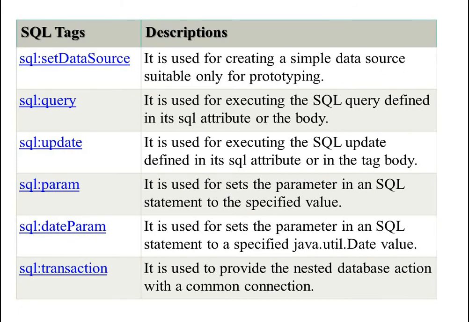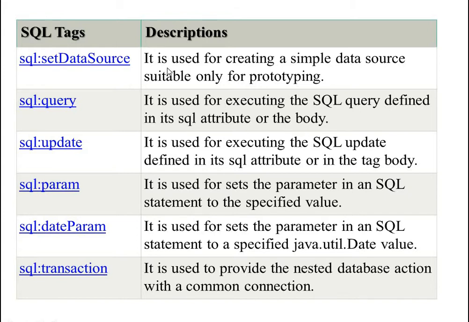Now these are the different SQL tags which are used. The first one is sql:setDataSource, which is used for creating a simple data source suitable only for prototyping. And sql:query is used for executing the SQL query defined in its sql attribute or the body.